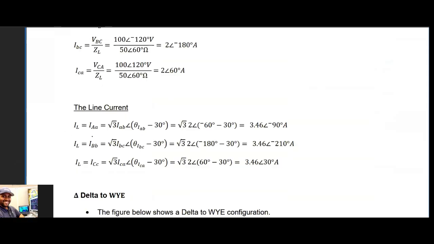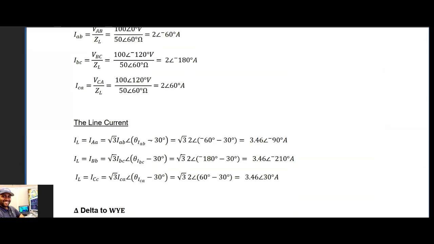So I line is equal to IAA, which is the square root of 3 times this phase current. And when you're going from a phase current to a line current, you have to subtract 30 degrees. And you apply the same method to the other two line currents.